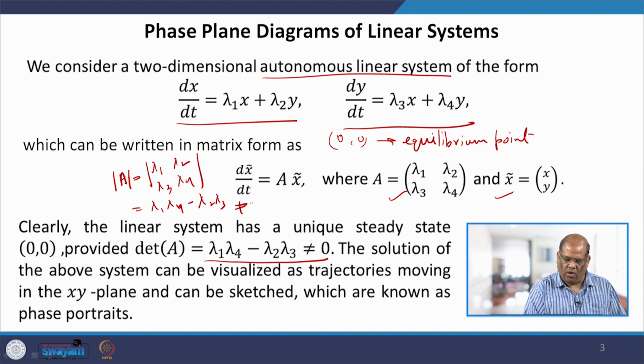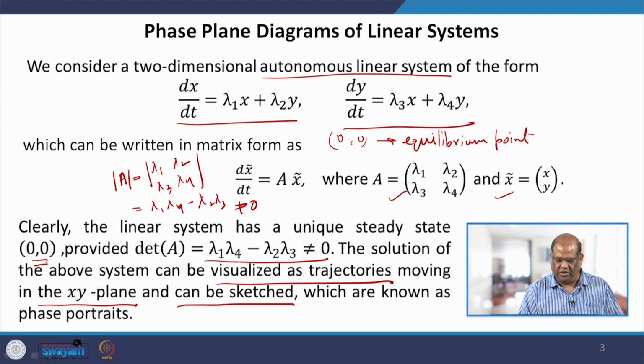If this is not equal to 0, then you have a unique steady state 0, 0, because it becomes a homogeneous system, and the solution can be visualized as trajectories moving in the xy plane and can be sketched. Those are called the phase portraits, exactly the one which I explained before.